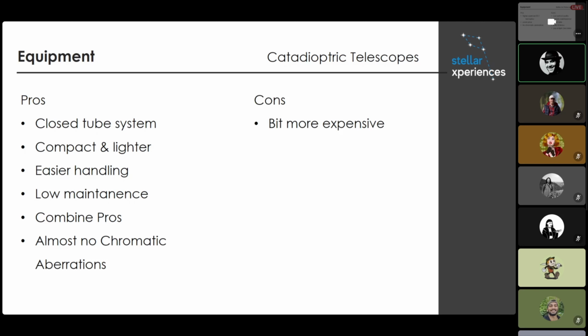And cons, they are a bit more expensive than the reflector ones. They again need some periodic maintenance, but not as much as reflector ones. Again, here, because of the secondary mirror, there is some loss of light.